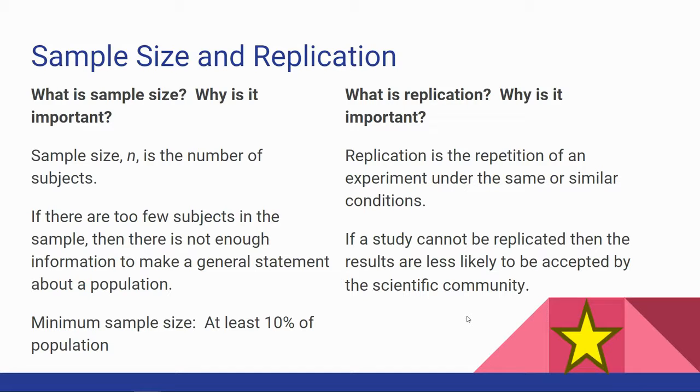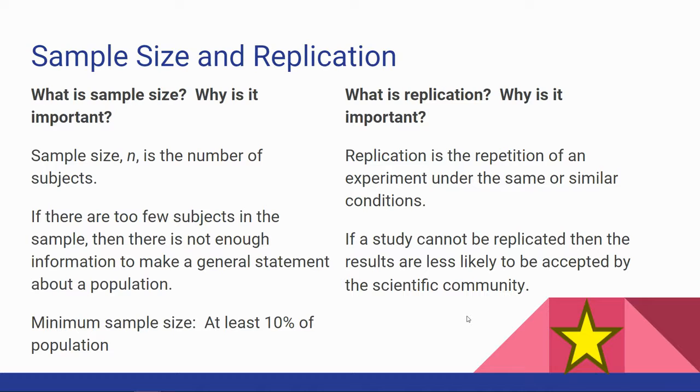Okay, what is replication? Replication is the repetition of an experiment under the same or similar conditions. Once a researcher does an experiment, they will publish their findings. They expect that other people can go back and repeat the experiment and get the same or similar results.